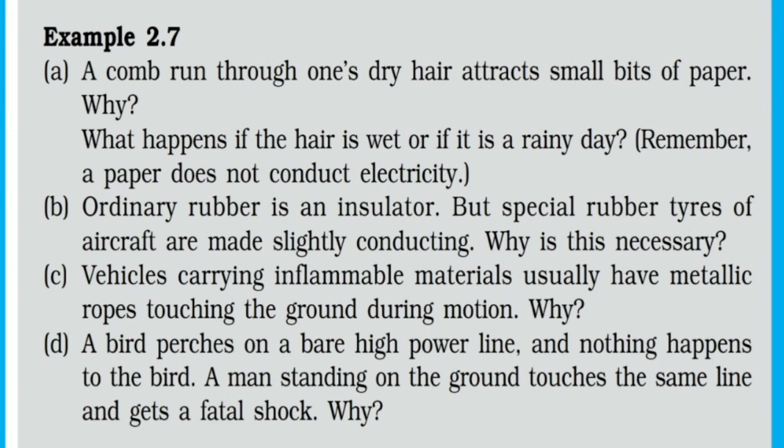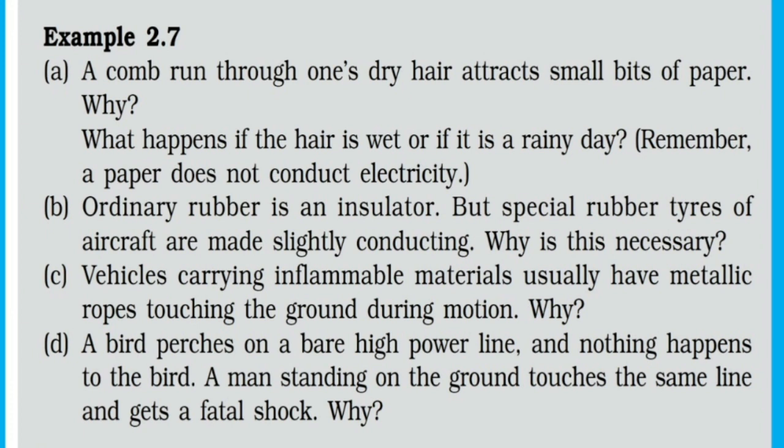Vehicles carrying inflammable materials usually have metallic rods touching the ground during motion. Why? The same thing. When things are in motion, there is always a chance of charges being produced due to friction, and when these charges become very high, there will be electric discharge.